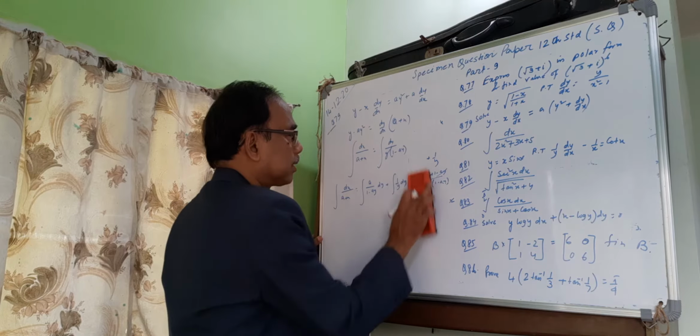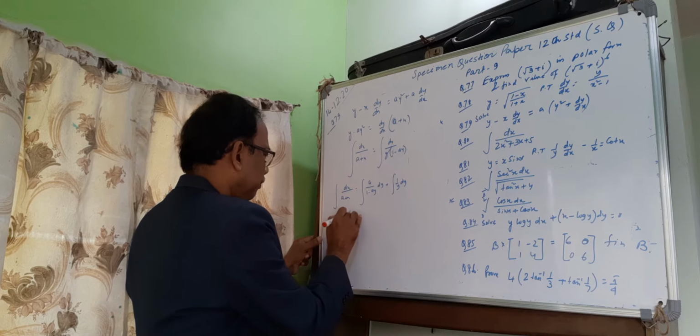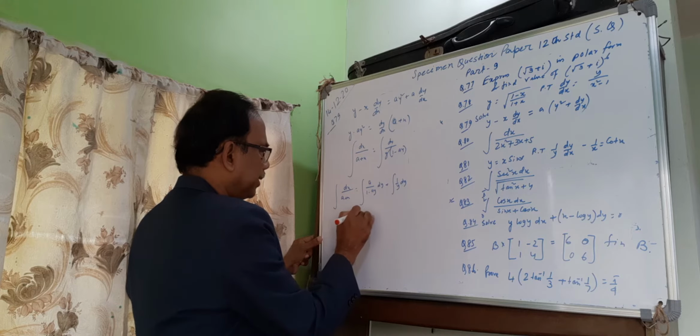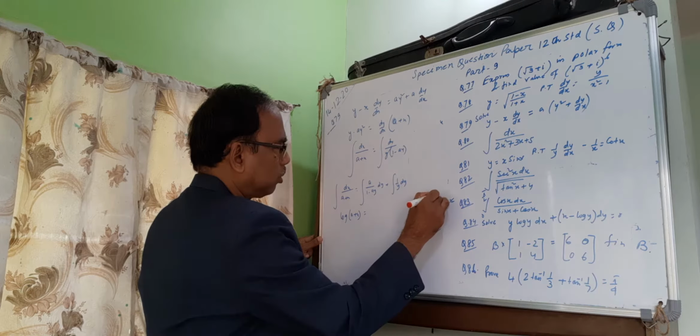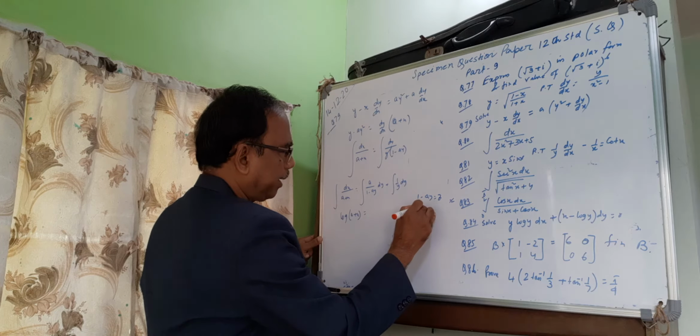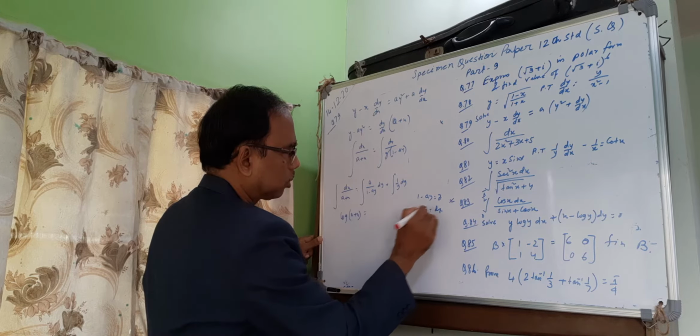Okay, now let us integrate both sides. This is log of (a + x) equals to... let 1 − ay equal z, so minus a dy equals dz. Then a dy equals minus dz.